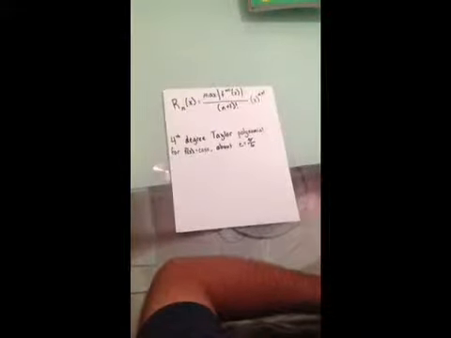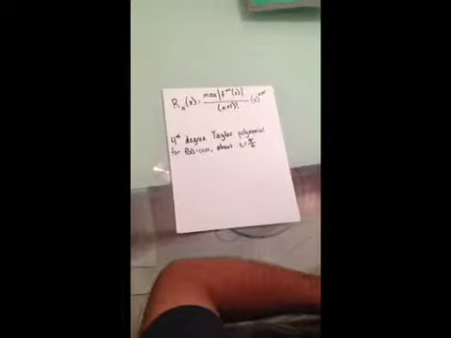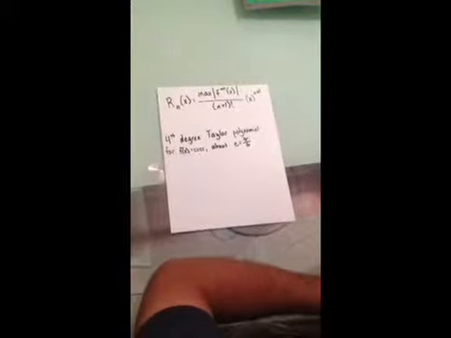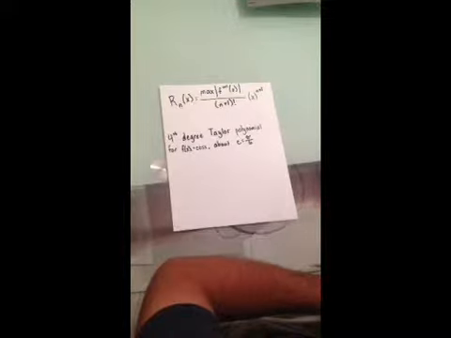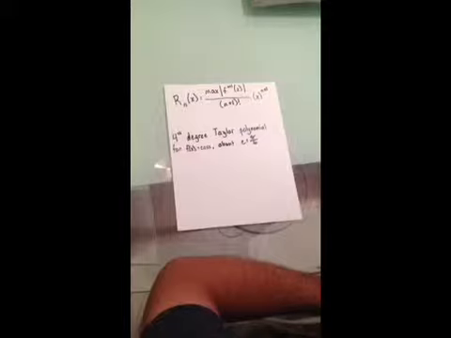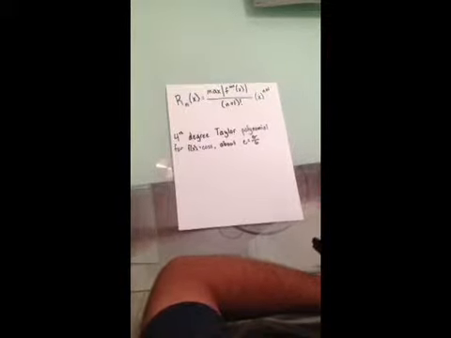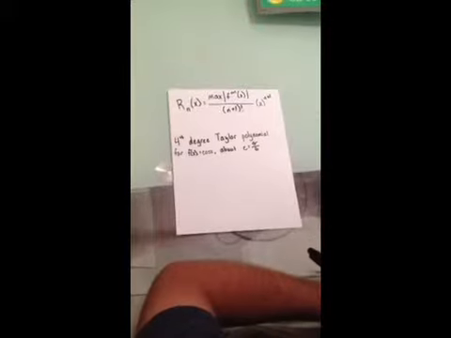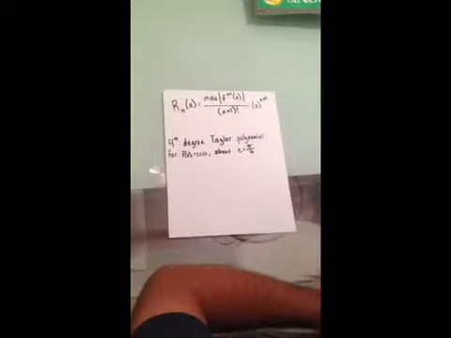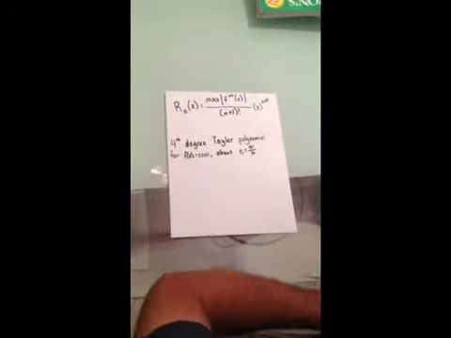LaGrange error is the remainder of Taylor polynomials. The LaGrange error formula is R sub n of x equals the max of f raised to the n plus 1 of z over n plus 1 factorial times x raised to the n plus 1. For example, we're going to do the 4th degree Taylor polynomial of f of x equals cosine x about c equals pi over 6, and we're going to find the LaGrange error.